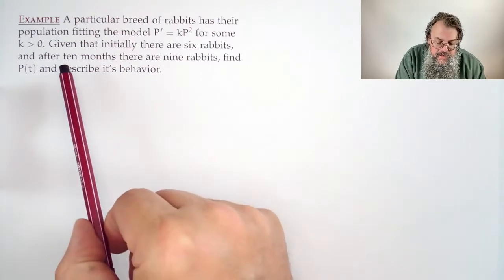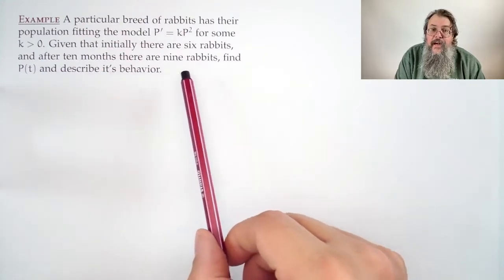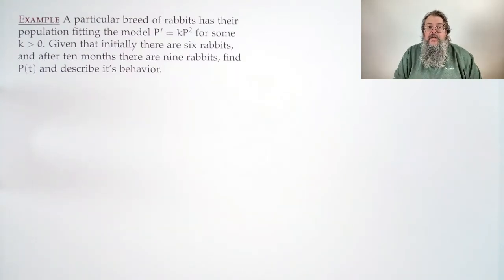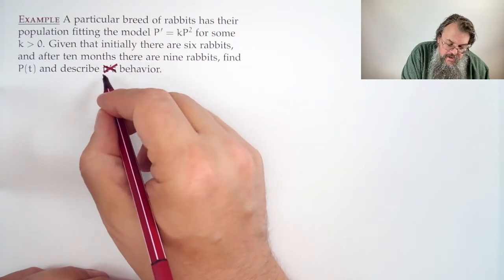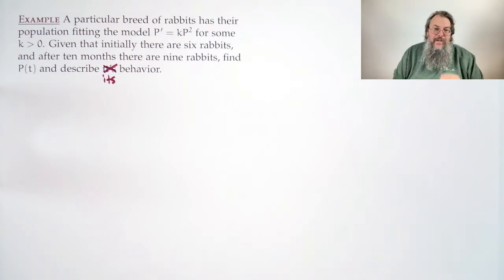Given that initially there are 6 rabbits, and after 10 months there are 9 rabbits, find P of t and describe its behavior. And now I feel like I have to be an English person and say, whoops, that should be its behavior, not it is behavior. Well, okay, shh, don't tell those English people.